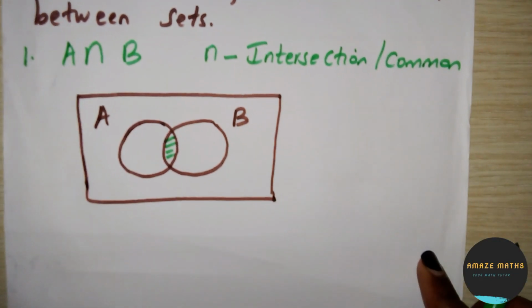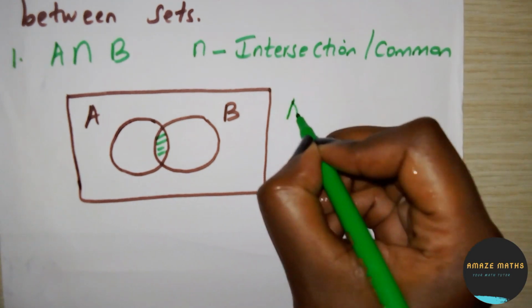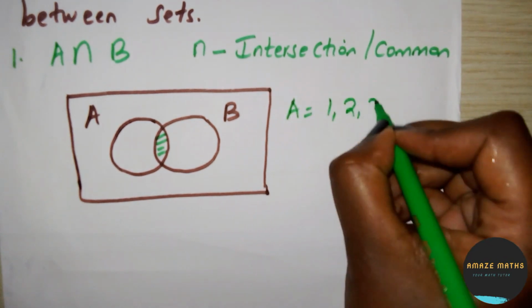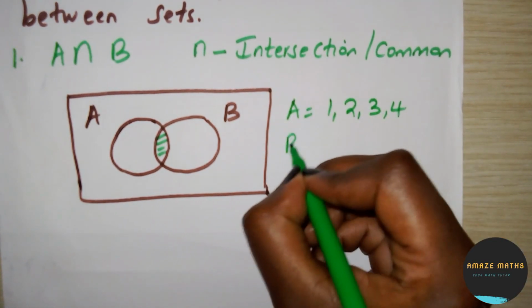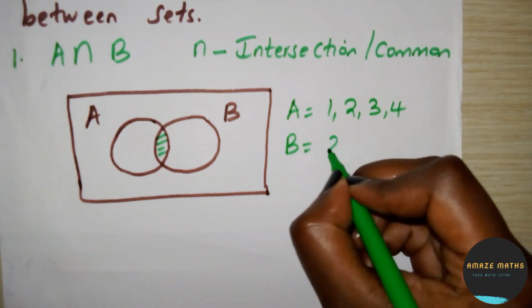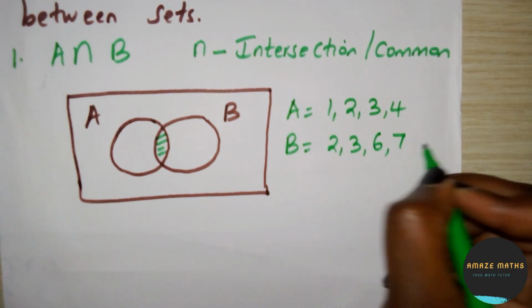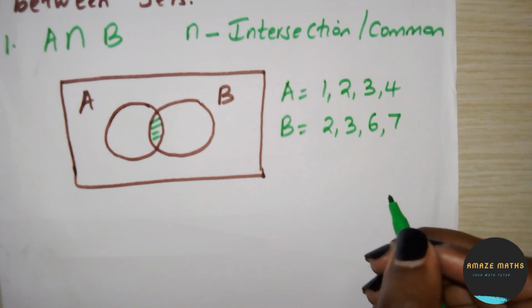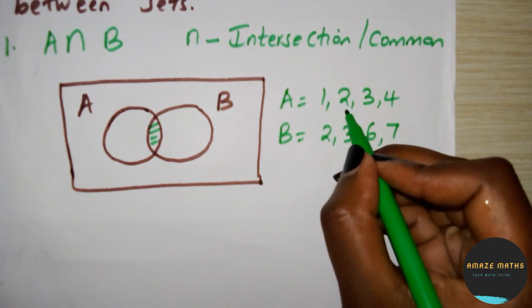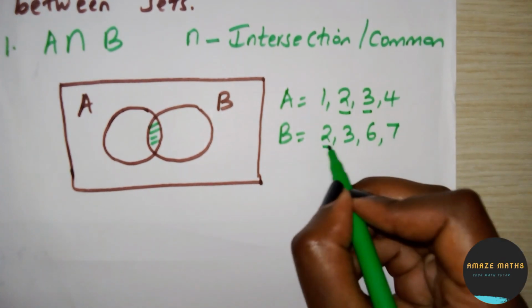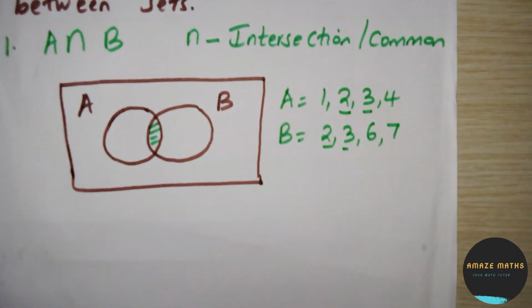Intersection is what is common between those two sets. For example, A equals 1, 2, 3, 4, and set B has 2, 3, 6, and 7. The common numbers are 2 and 3, in the middle.